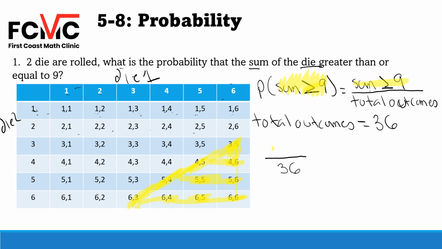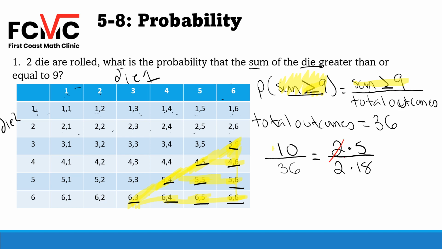How many possible outcomes have a sum greater than or equal to 9? Well, let's count them up. We've got 1, 2, 3, 4, 5, 6, 7, 8, 9, 10. 10 possible outcomes out of 36 have a sum greater than or equal to 9. So we got 10 over 36. We can reduce this a little bit by breaking it up: 2 times 5 over 2 times 18.